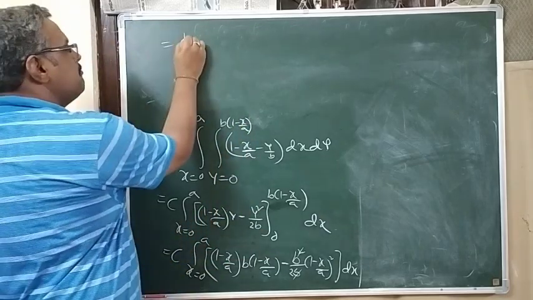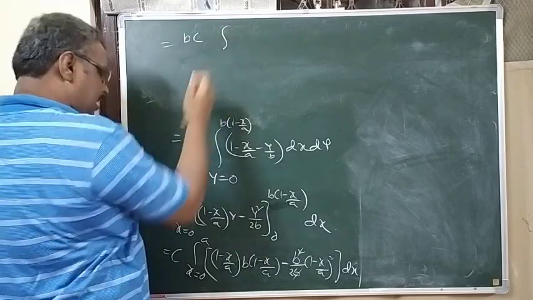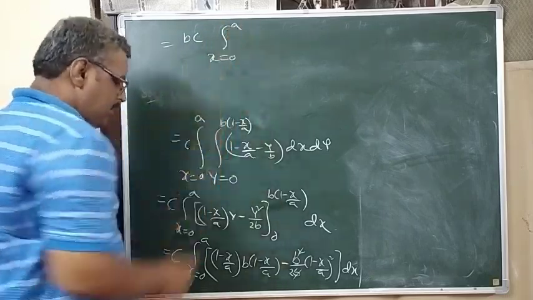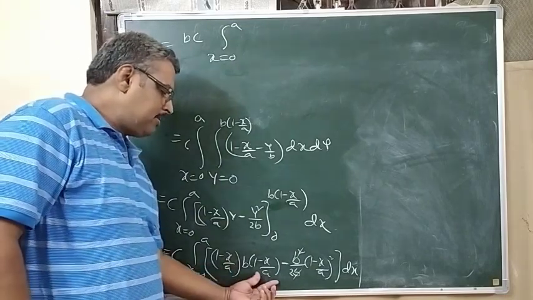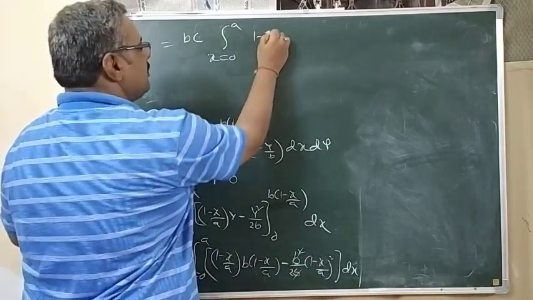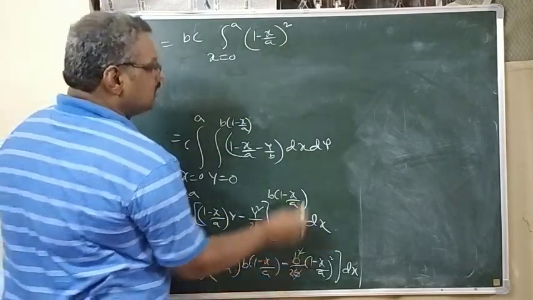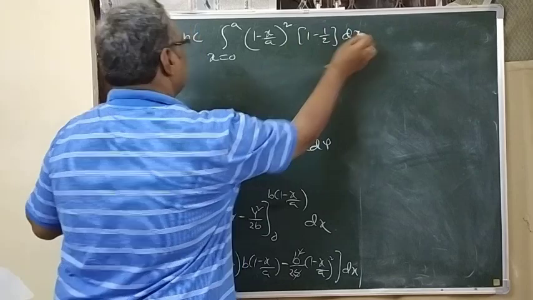Now b and c, integral x from 0 to a. Here 1 minus x by a, 1 minus x by a, here also 1 minus x by a whole square. That value is a common term. Here the constant term is 1 minus 1 by 2, dx.